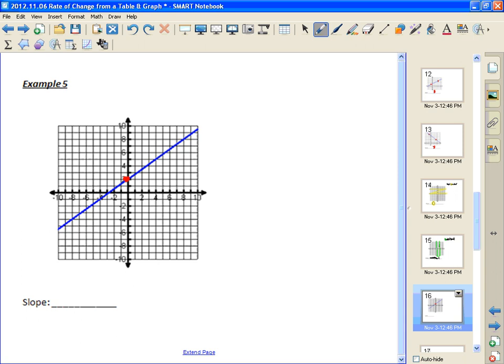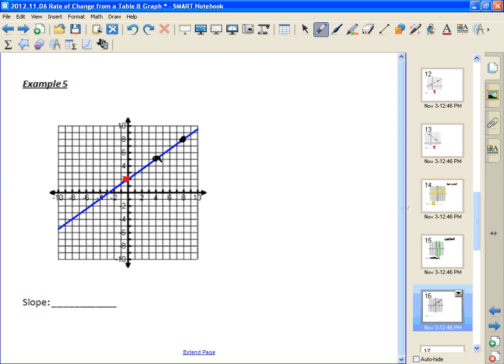Then I can see that it goes again at 4, 5, and it goes through again at, excuse me, that was at 4, 4. Let me see. No, I was right the first time. 4, 5. And then it goes through again at 8, 8.